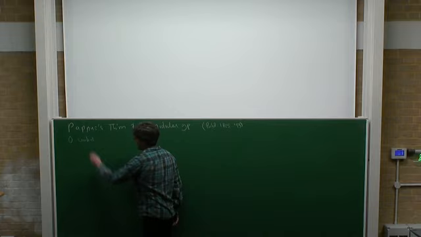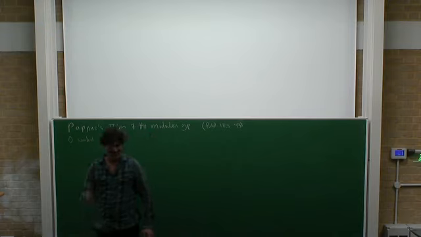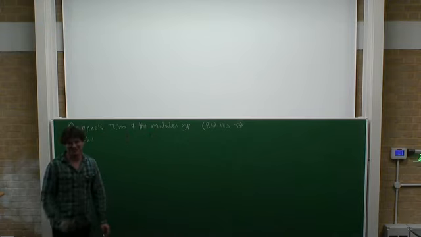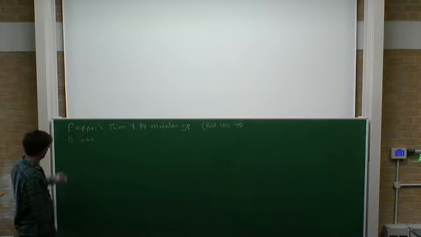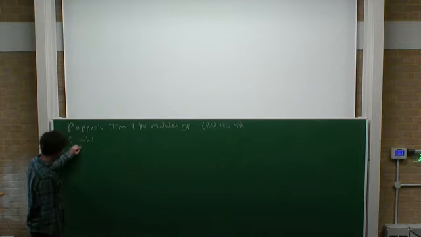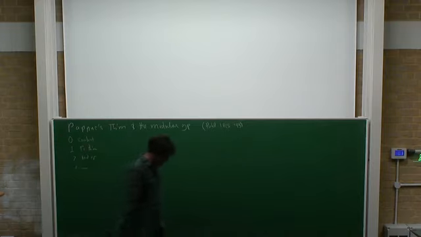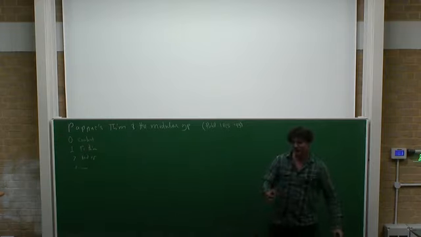First I'll give a little context. Like John said in his talk, I won't say too much because a lot of people are experts in this kind of thing. And I'll talk about Pappus' theorem, and I'll talk about the modular group, and then I'll combine them.